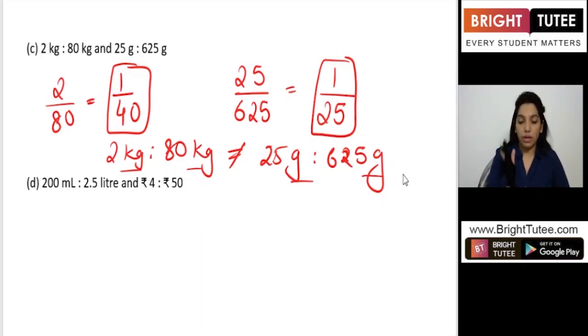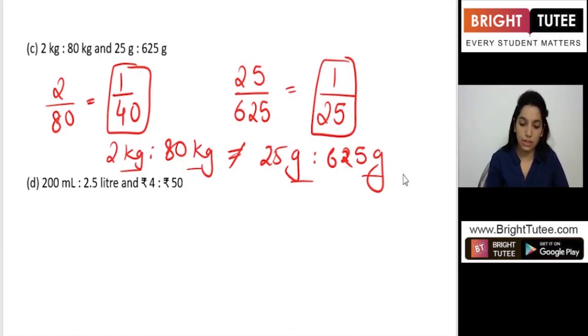If you have 2 kgs and 80 grams, say, then you have to convert it. Okay, if you have 2 kg and 80 kg separately in one ratio and 25 grams and 625 grams in a separate ratio, it's good to go. Okay, no conversions required in this case.